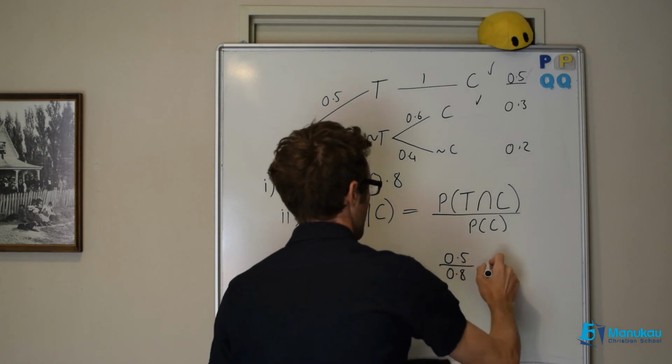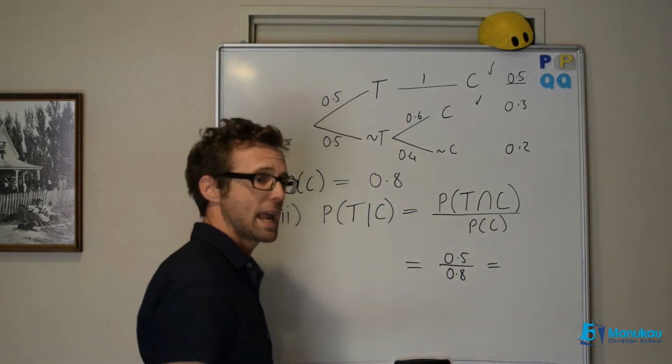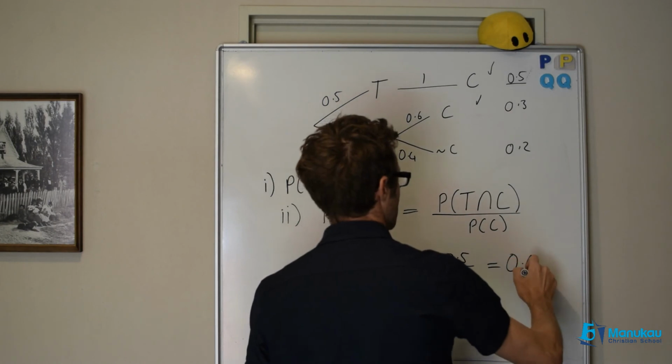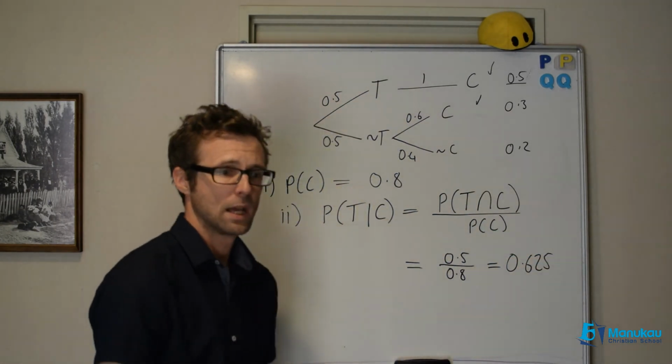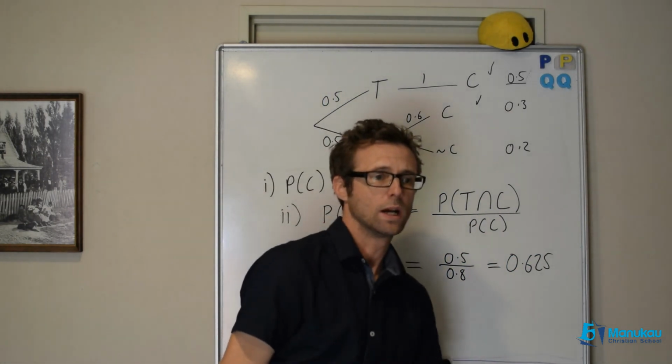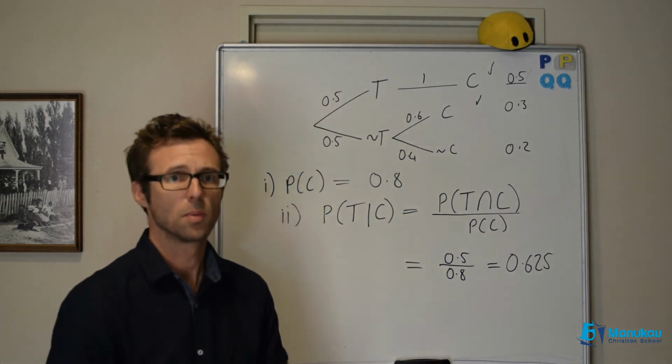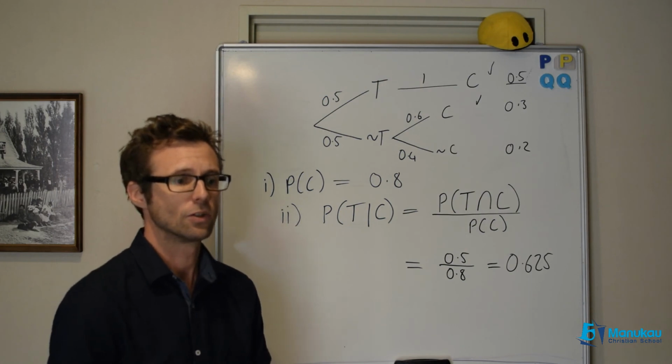So you have 0.5 divided by 0.8, which is 0.625 probability. I hope that helps you get a little bit more how to do these conditional probability and mutually exclusive ones.